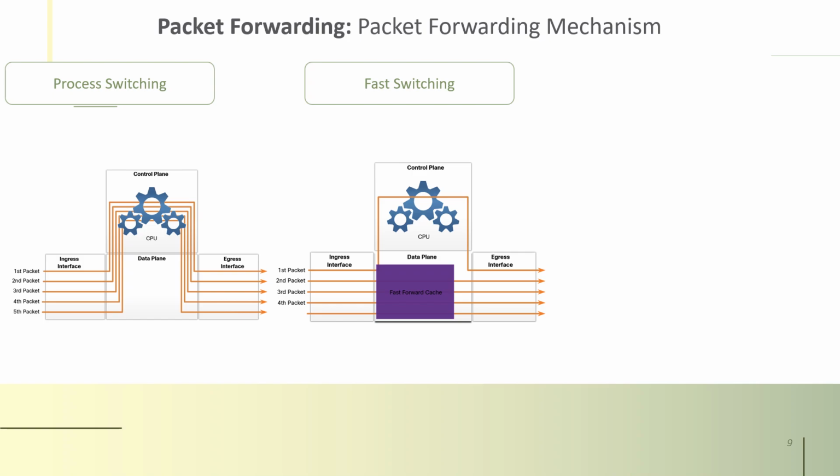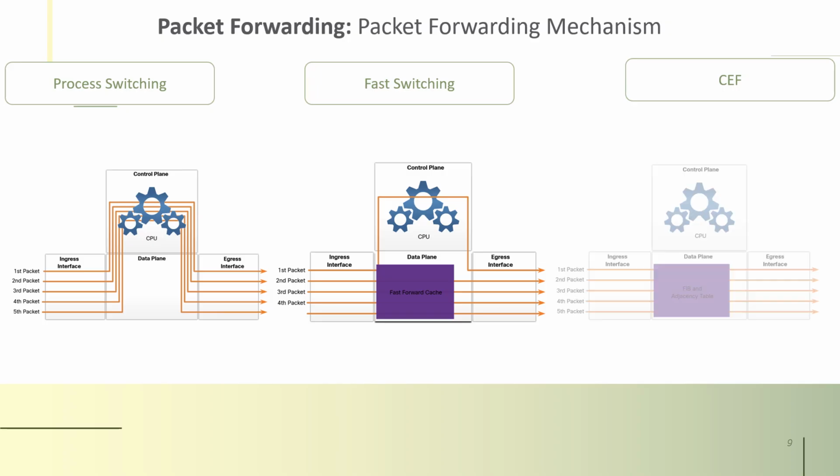And the last mechanism is Cisco Express Forwarding, CEF, which is the most recent and default Cisco IOS packet forwarding mechanism. Like fast switching, Cisco Express Forwarding builds a forwarding information base, FIB, and an adjacency table.